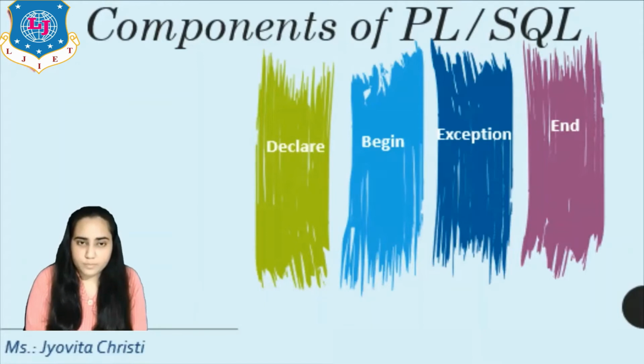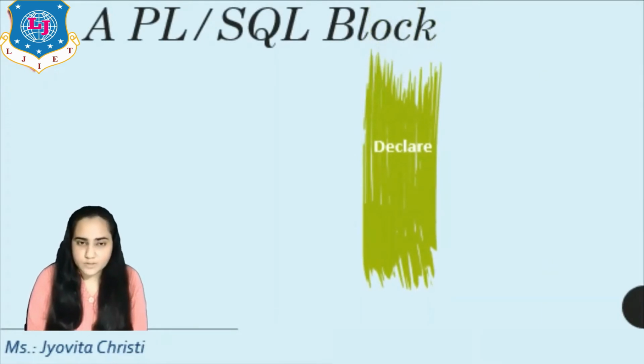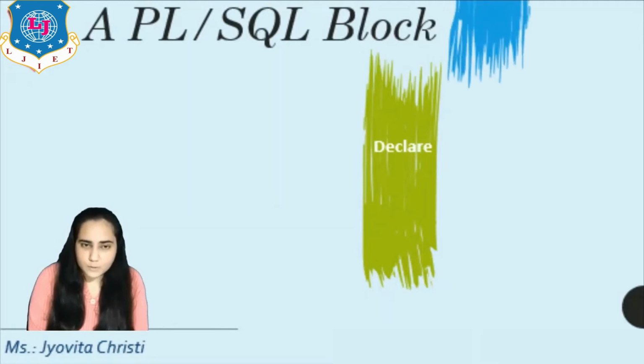Now, a PLSQL program, you would say, is divided into three different parts. The first part is the declaration part. This is the part where you would declare what types of variables you need, how many variables you need, and what names you're going to give to those variables in your program. So that is what the declarative part tells you. The second part of your program is the executable part.